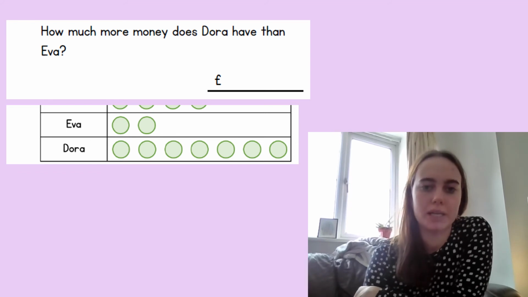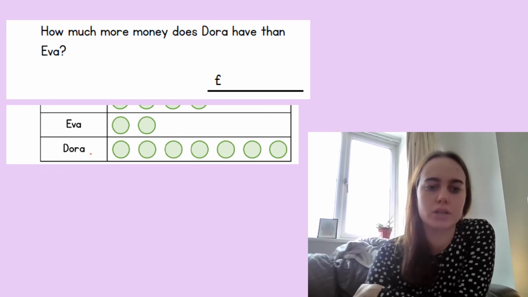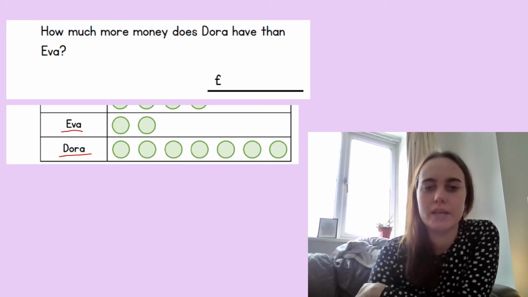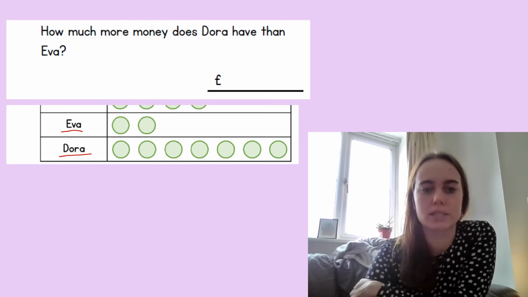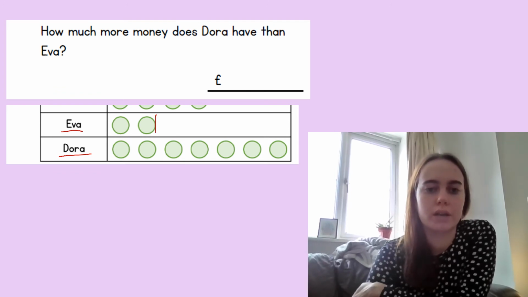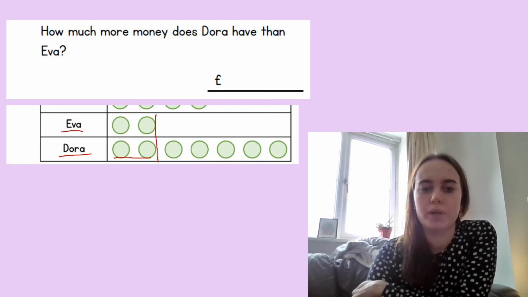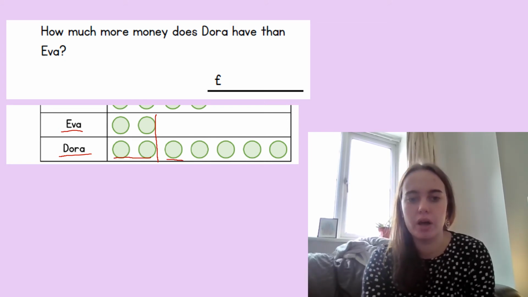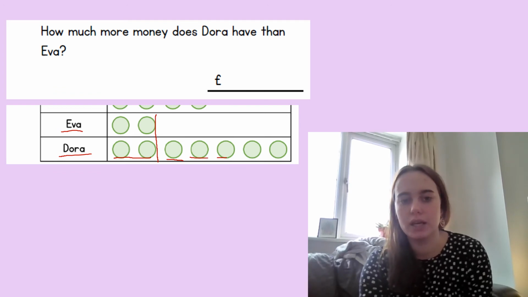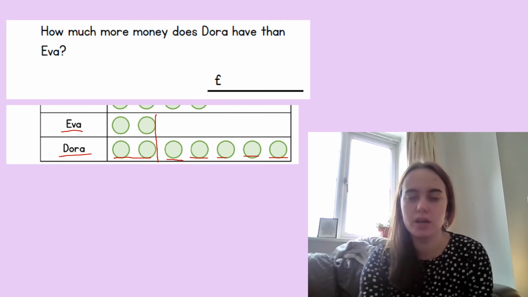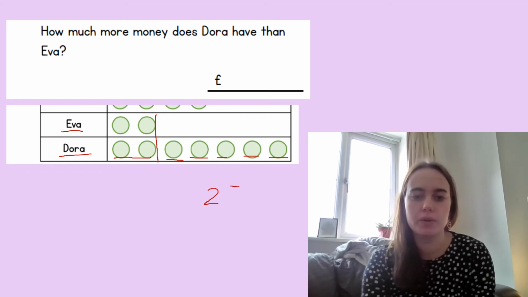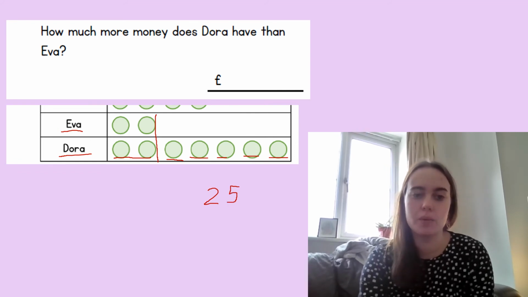How much more money does Dora have than Eva? So we need to look at Dora's amount and Eva's amount. Now there's 2 ways of doing this. We could draw a line after Eva's. We know that that's the same amount as Eva's. And we could count up that Dora's got another 5, 10, 15, 20, 25. Dora has another £25. Or we could work out Dora's total and take away Eva's total.